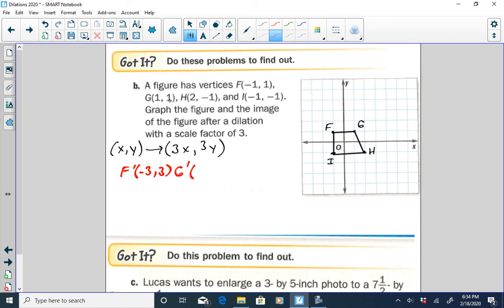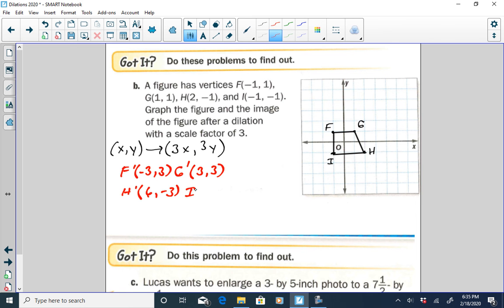We multiply each of the values x and y by 3. 1 times 3 is 3, and 1 times 3 is 3. Then we have H prime, 2, -1. We multiply each of those values by our scale factor of 3. So 2 times 3 is 6. -1 times 3 is -3.